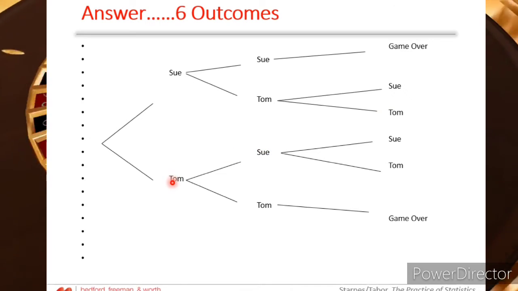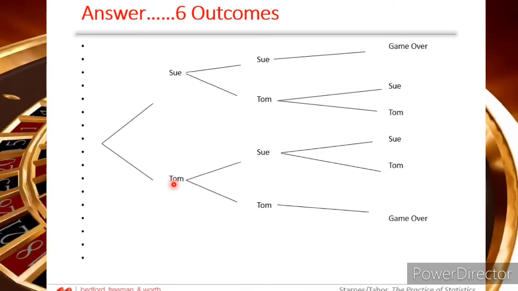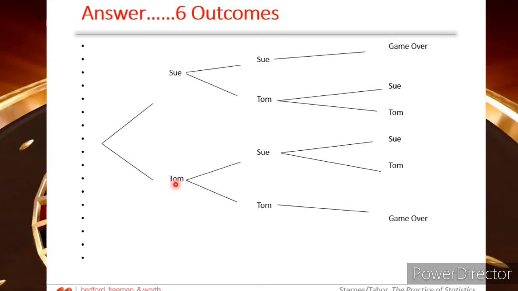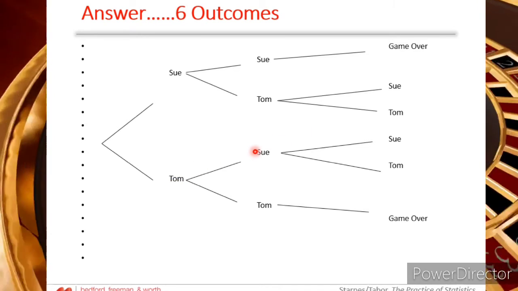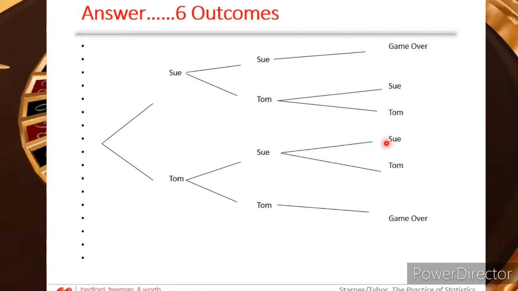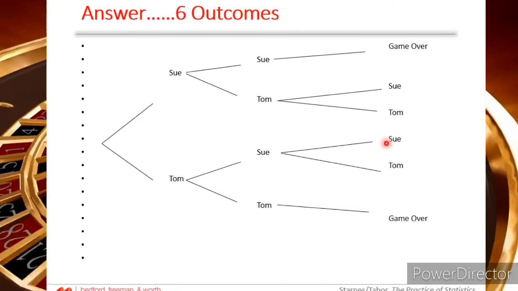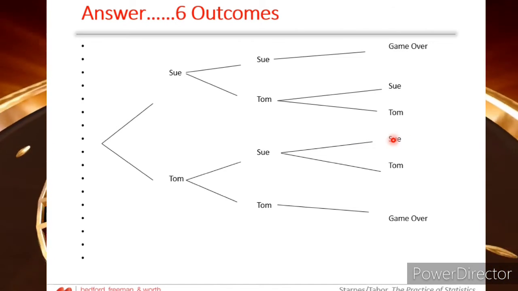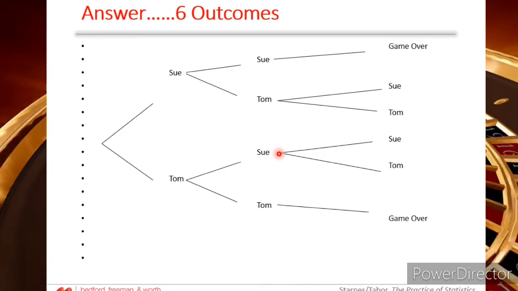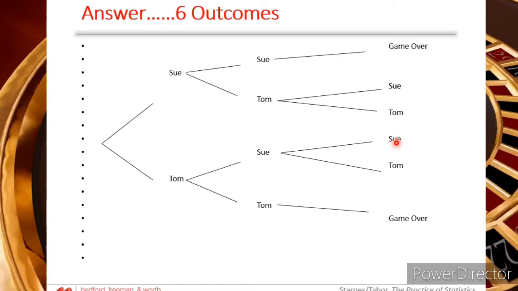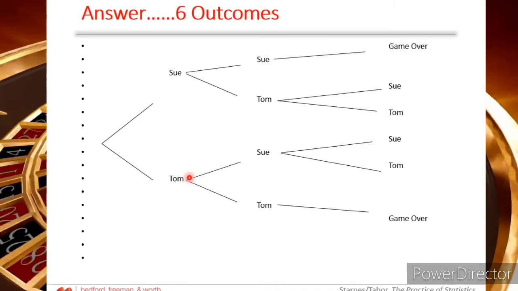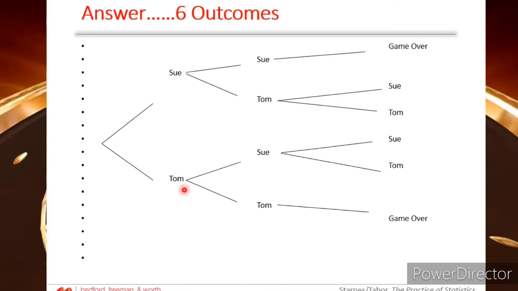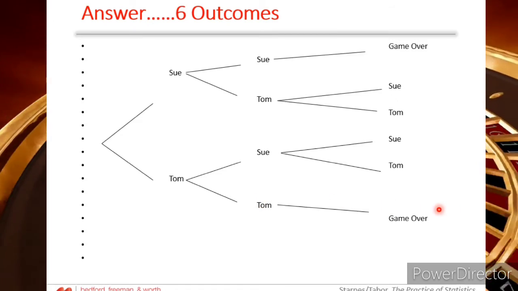Next, kung naglaban si Sue at saka si Tom at nanalo si Sue kay Tom, at nanalo pa ulit siya on the third time, so panalo si Sue. So, pwedeng Tom, Sue, and Sue. Pwedeng si Tom, laban sila ni Sue, nanalo si Tom, game over na.